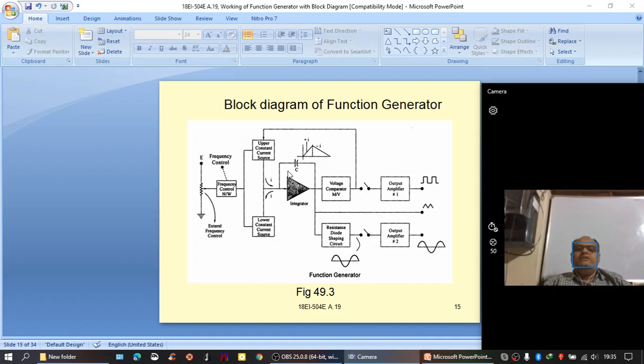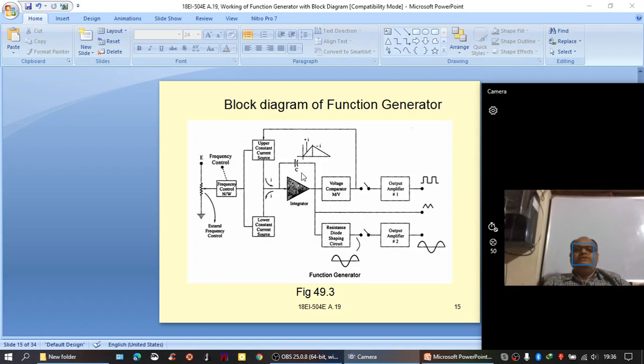That means you can control the frequency of the triangular wave. The basic signal that is available in the function generator is the triangular wave. So by adjusting this potentiometer, you can adjust the frequency of the triangular wave, and hence you can adjust the frequency of the rectangular wave or sinusoidal wave.